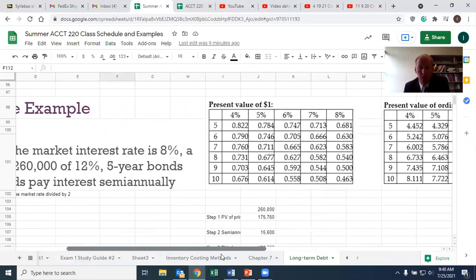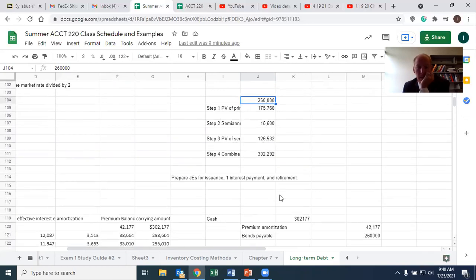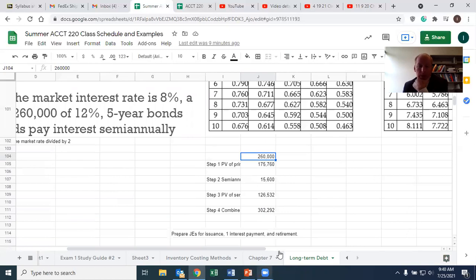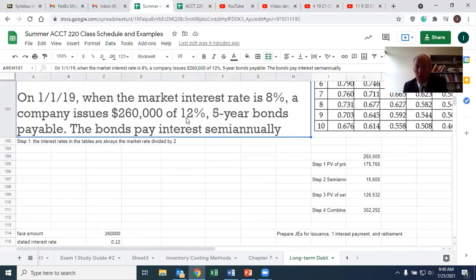So what we have for our steps is, first off, we need to figure out how much money we actually receive on that $260,000, because we issued $260,000 of bonds. They're 12% bonds, so that's what we're agreeing to pay annually, which is 6% semi-annually. But if you look at this, the market interest rate is actually 8%.